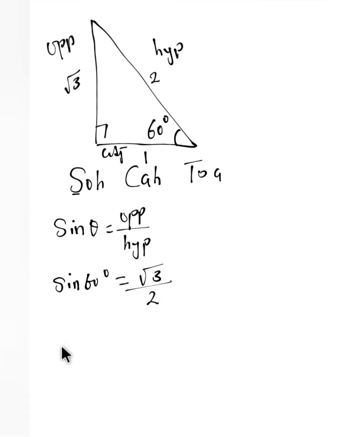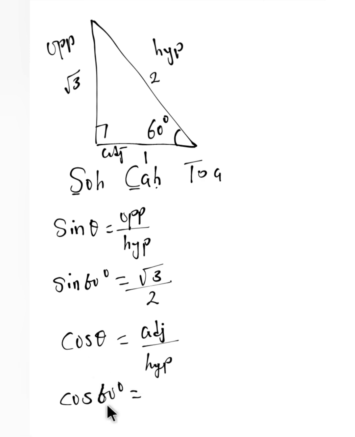Also, cos theta, represented by C, is equal to A, adjacent, over H, hypotenuse. Hence, cos 60 degree is equal to adjacent, which is 1, over hypotenuse, which is 2. Cos 60 degree is equal to 1 over 2.